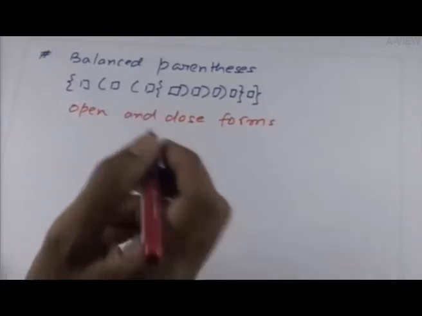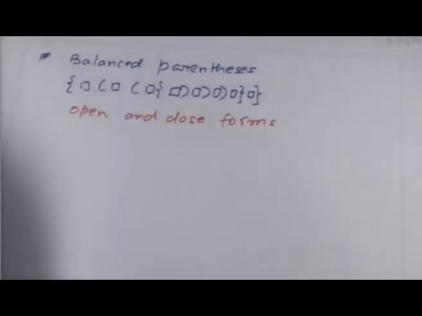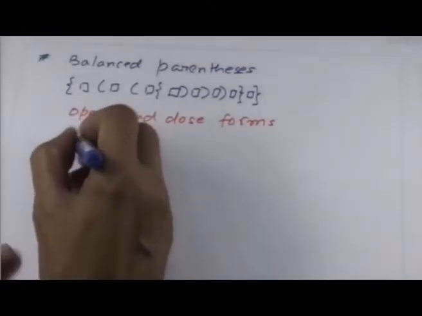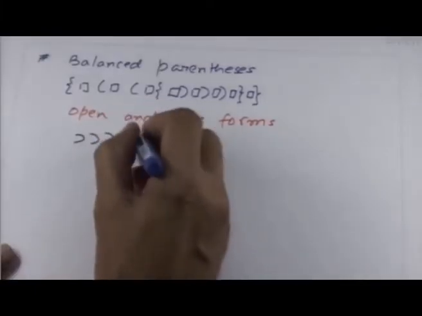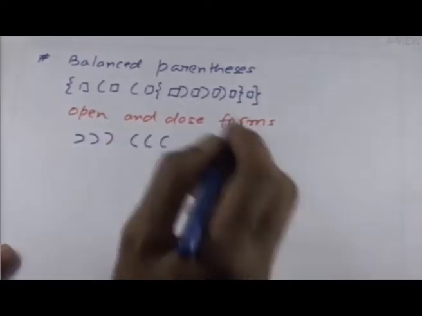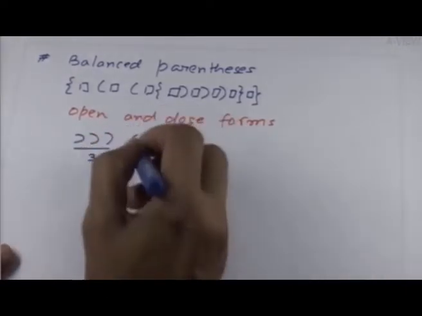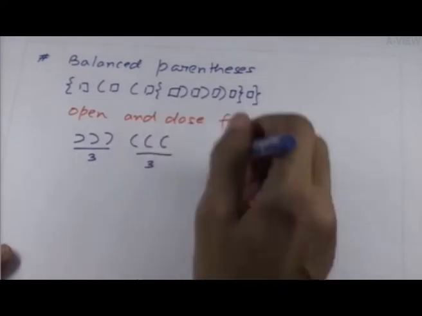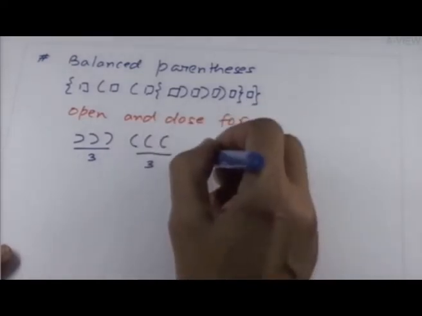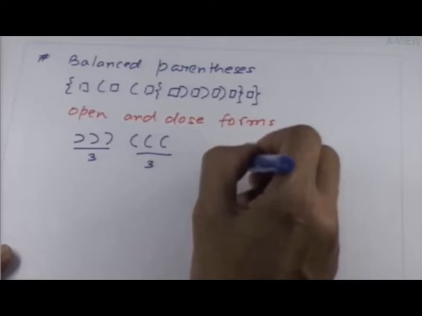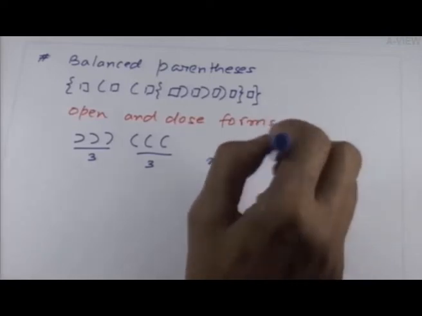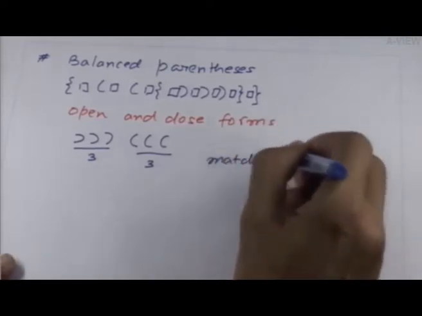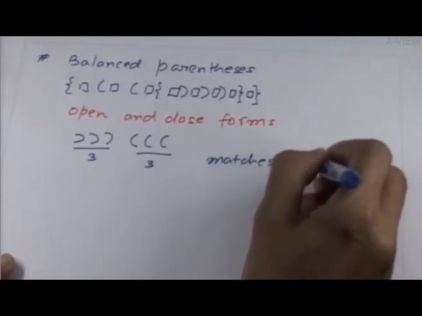First, let me tell you some trivial counterexamples showing that some simple ideas would not work. For example, looking at this, there are 3 closing parentheses and 3 opening parentheses. The match appears to be there, the same number of opening and closing parentheses, and therefore I can say it is balanced, maybe.